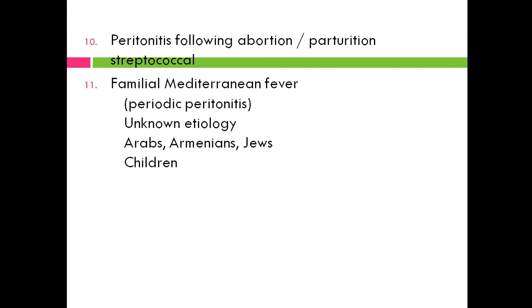Peritonitis can also develop following a miscarriage, abortion, or parturition, and most often the organism implicated is streptococcus. It can also be present in periodic peritonitis or familial Mediterranean fever. It's commonly seen in Arabs, Armenians, and Jews.